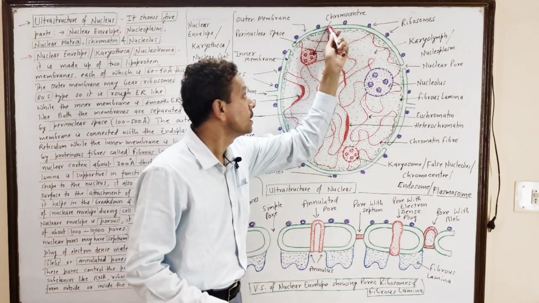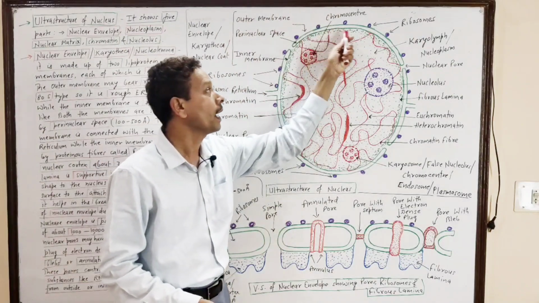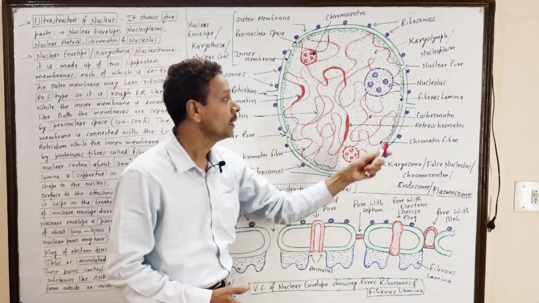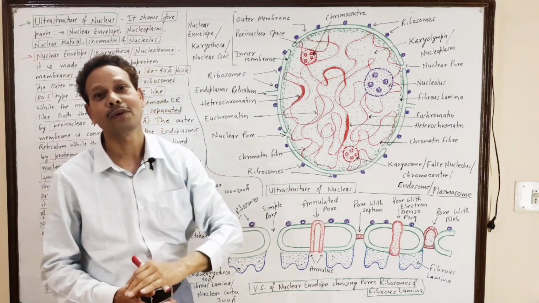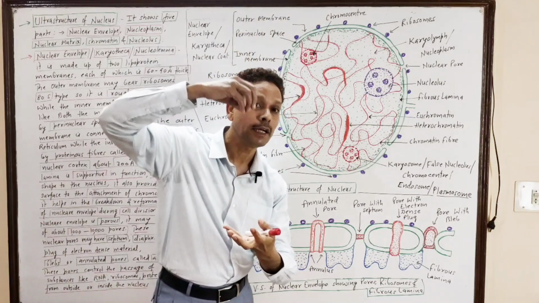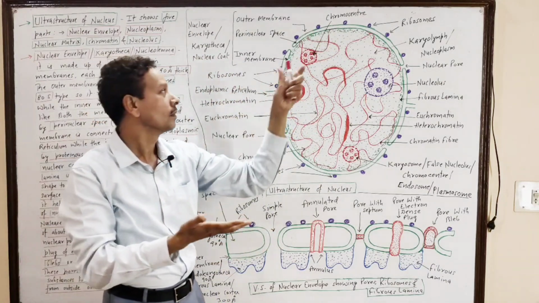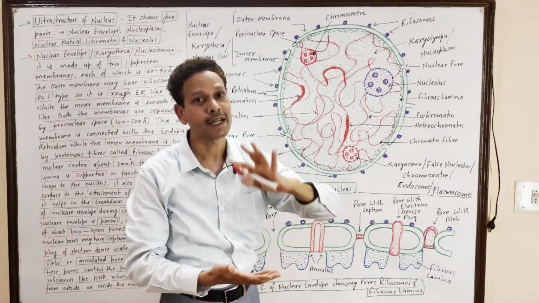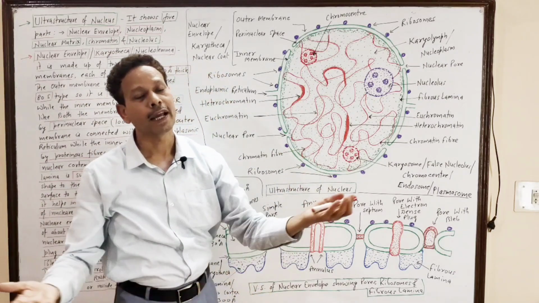It provides surface for the attachment of telomeres. The ends of chromatin are embedded in this fibrous lamina. It means this fibrous lamina acts as scaffold of chromatin, the terminal parts, the telomeres, the ends of these chromatin are embedded in this fibrous lamina. It is nuclear cortex that is a part of nuclear matrix, which is about 300 angstrom width.